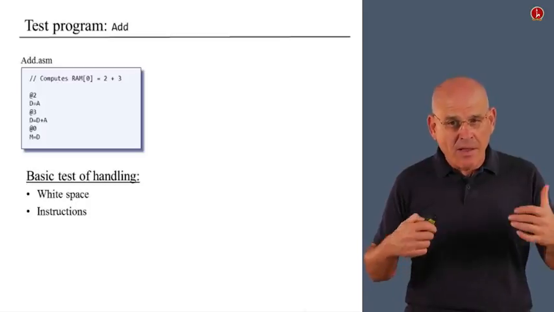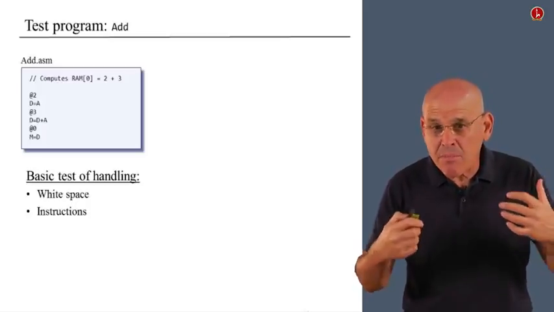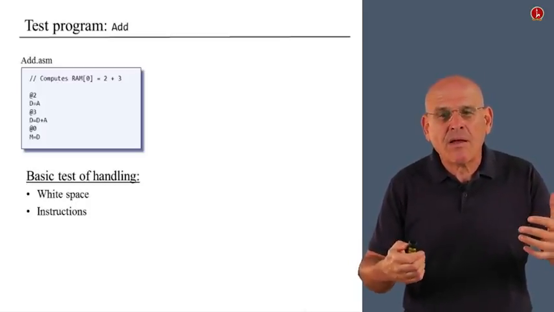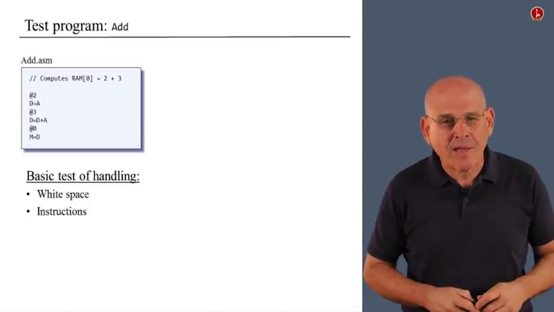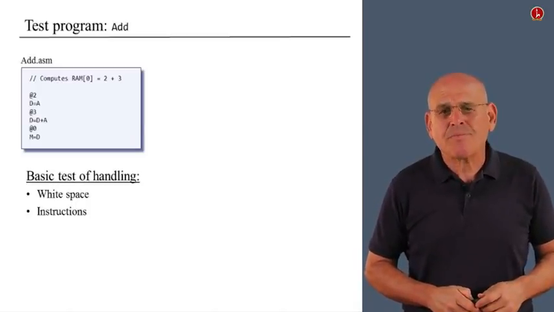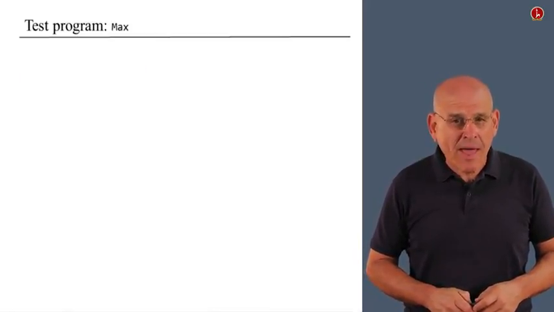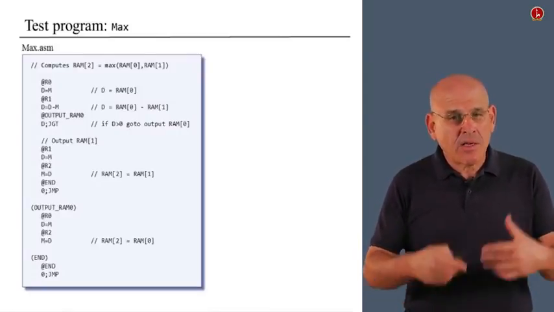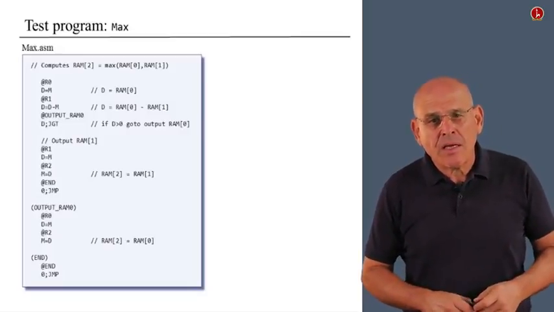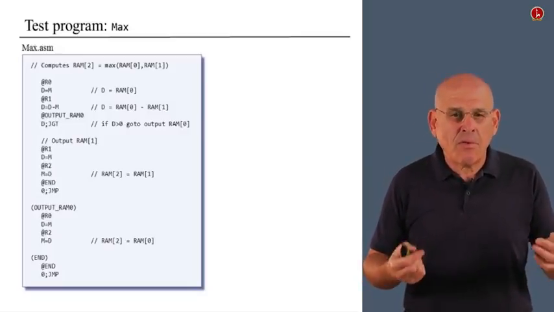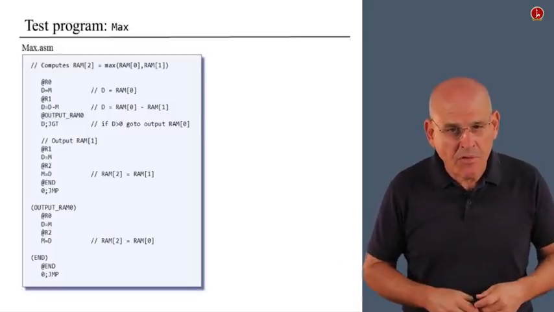So once again, the programs that we provide are just a minimum that you are welcome to extend with your own testing as well. All right, so this is the add program. The next program is called Max, and as you can see from the documentation, it is designed to compute the maximum of two values.